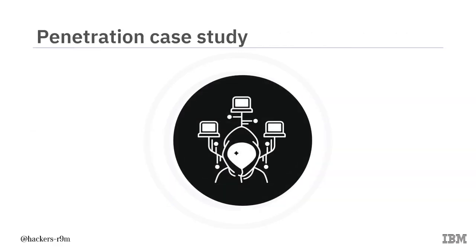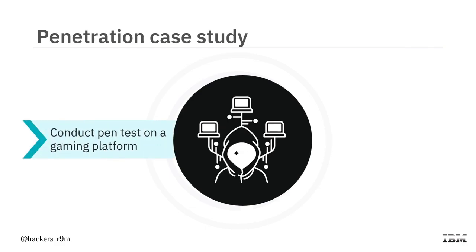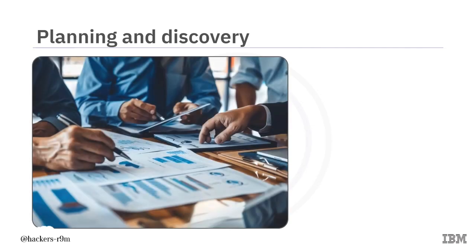To illustrate the penetration testing process, let's consider a hypothetical case study where a security firm conducts a penetration test on a gaming platform. The gaming company has tasked the security firm with finding vulnerabilities that could potentially compromise the platform and its users. The pen testers begin by planning their approach and gathering data. They analyze the platform's source code and use tools to inspect web traffic between the client and server.